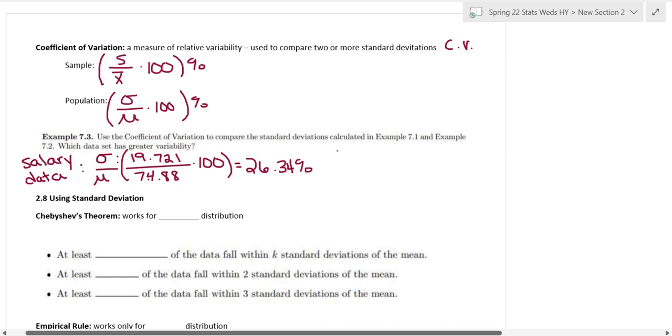And then we'll do the commute times. So that was a sample. So s over x bar. And that was 11.860. And then 21.4 for the mean.